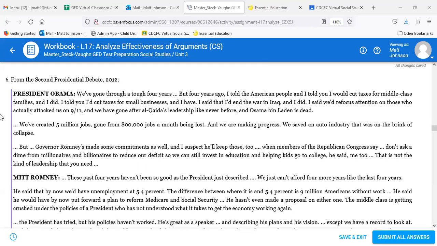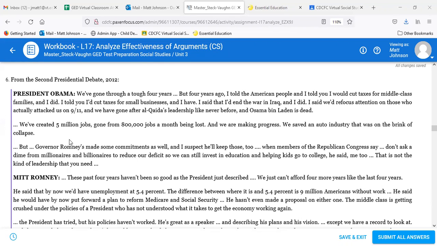I said I would refocus on those who actually attacked us on 9/11, and we have gone after al-Qaeda's leadership like never before, and Osama bin Laden is dead.